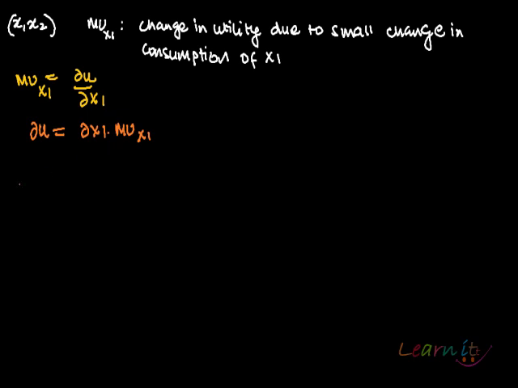Similarly, the marginal utility of X2 is del U by del X2, and you can calculate the change in utility associated with a small change in consumption of good 2 by multiplying MU X2 by the change in consumption of that good.